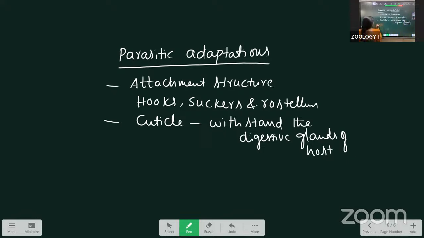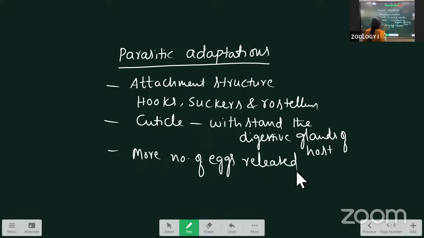And also they produce more eggs. The parasites release a large number of eggs for survival purposes. For example, the cuticle is formed in Ascaris and Fasciola.